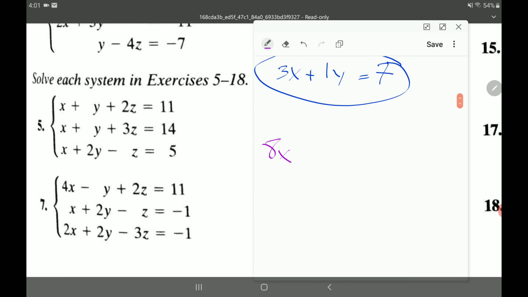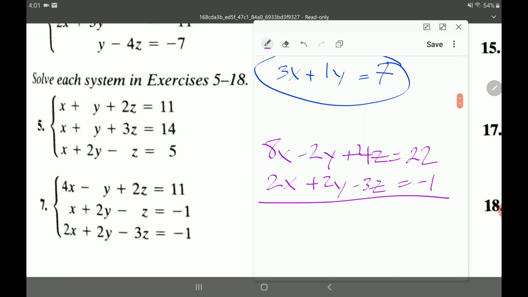So 8x minus 2y plus 4z equals 22. And we're going to add that to 2x plus 2y minus 3z equals negative 1. So we add this together, we get 10x plus z equals 21.